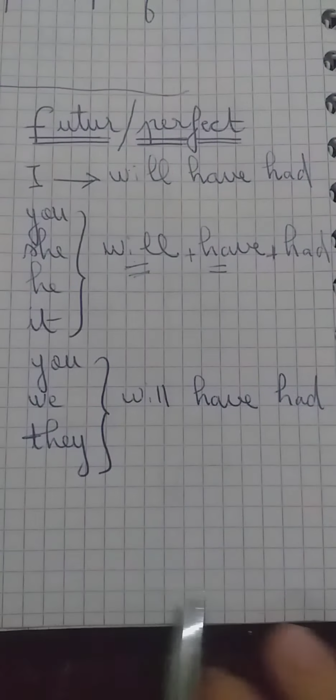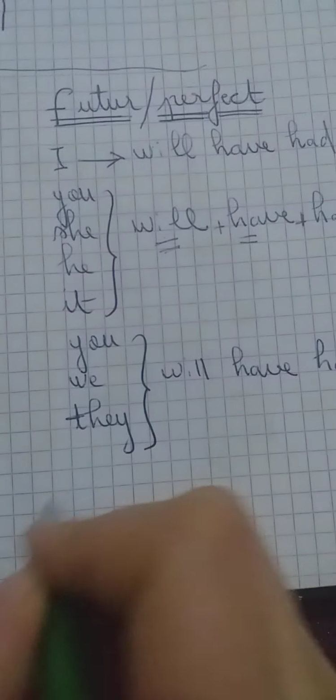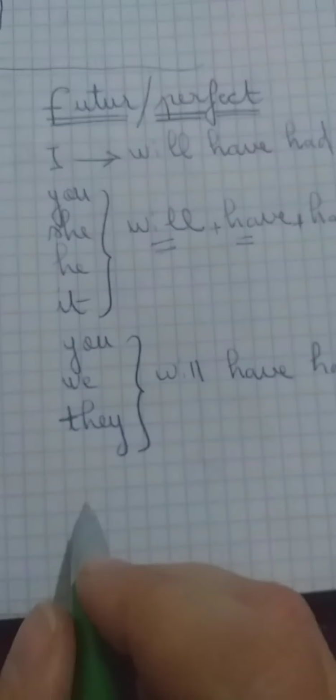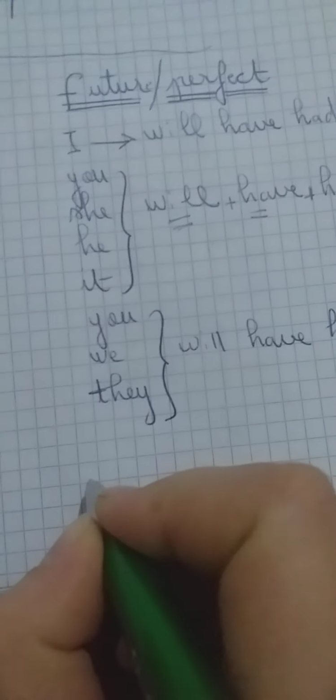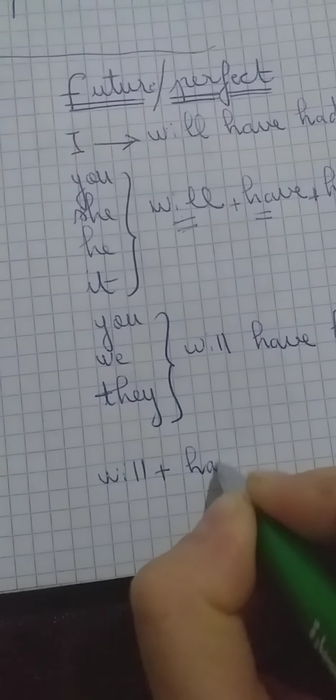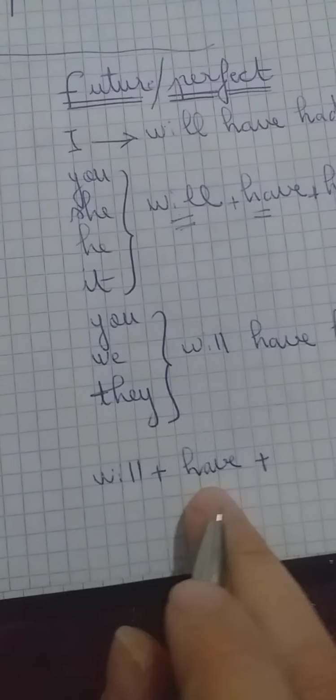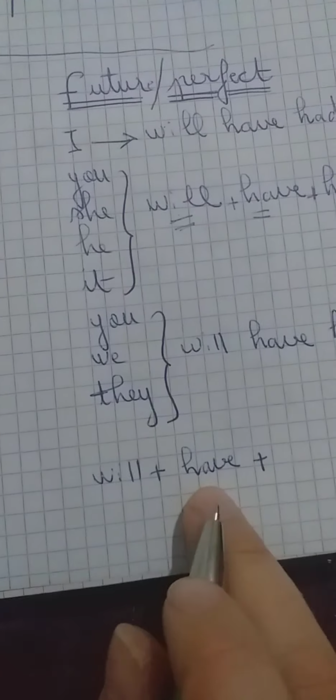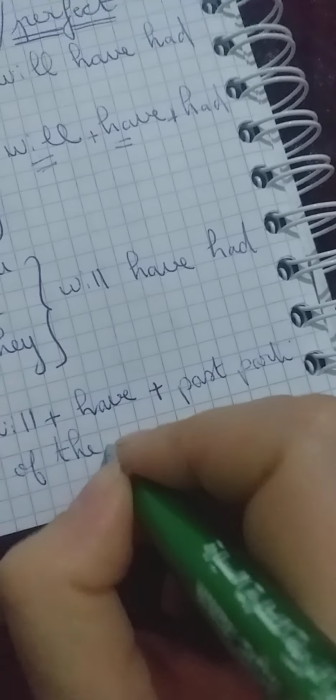You notice that comment on forme le future perfect: la règle dit will plus have, here have without to, c'est le stem, plus past participle of the verb.